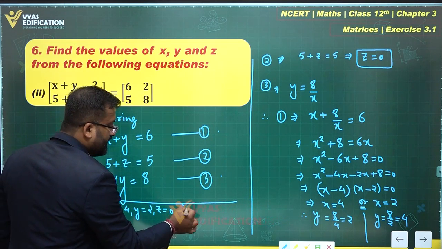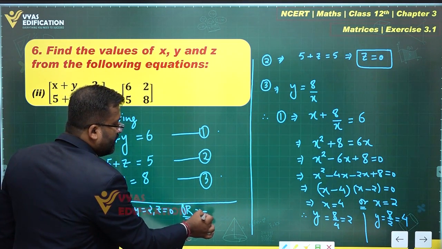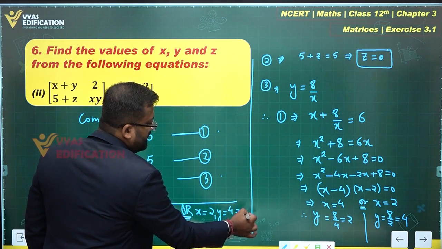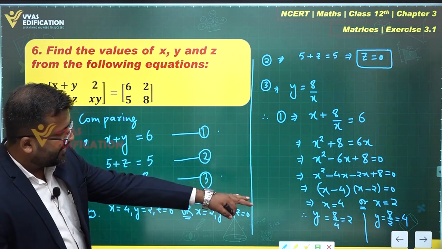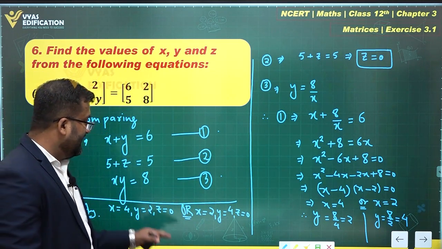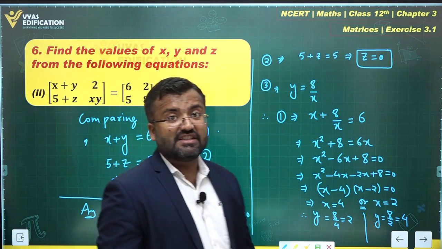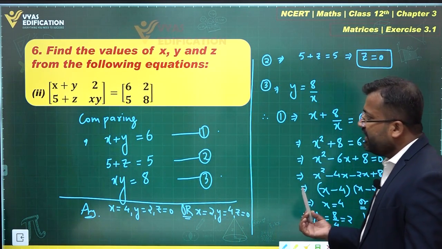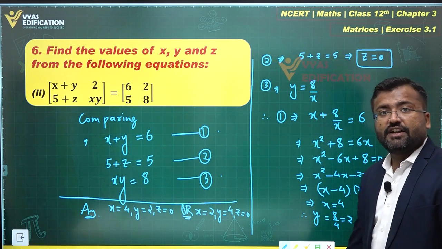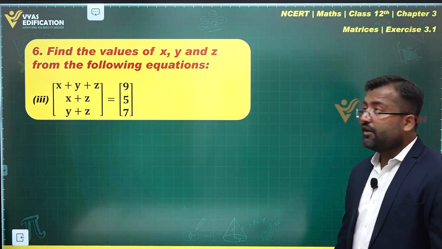Or x equals 2, y equals 4, z equals 0. z equal to 0 is same in both the cases. That's the final answer for this question. Let me get aside for a bit for you to grasp everything once again, right? Is that all? Yes, that is all in this question. Let's take a look at this one.